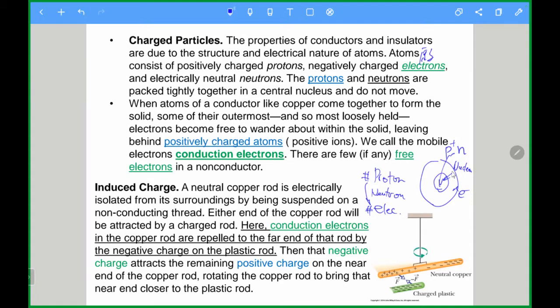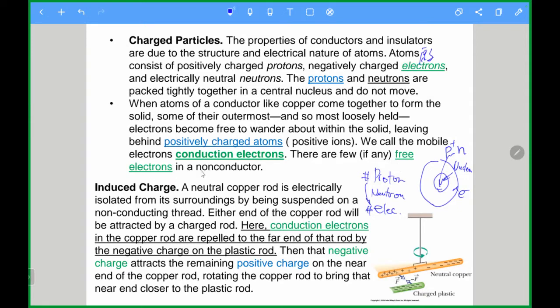They can only oscillate within the lattice, and the things that can move are the free electrons. Some of the outermost and most loosely held electrons become free to wander about within the solid, leaving behind positively charged atoms. We call them mobile electrons, conduction electrons, or free electrons.